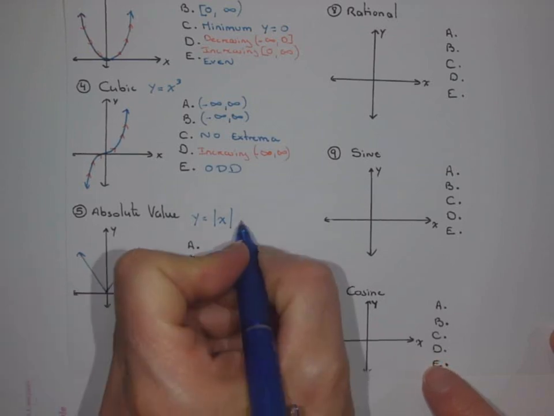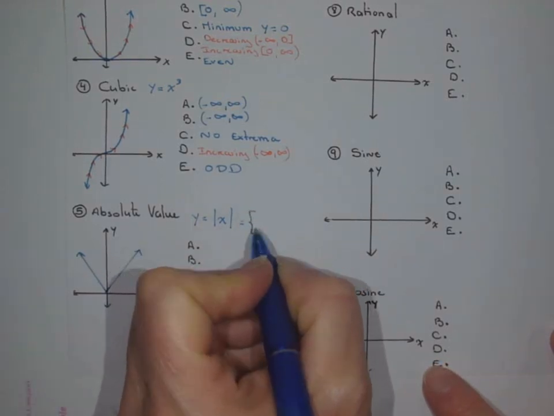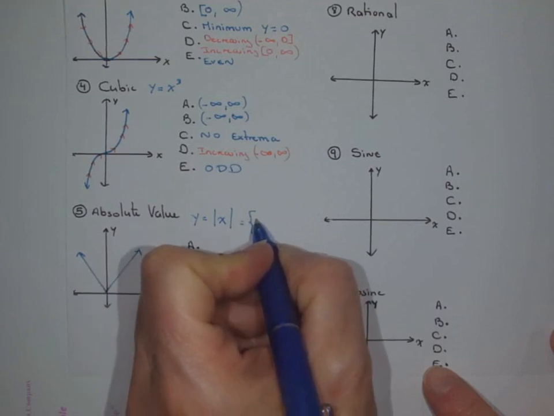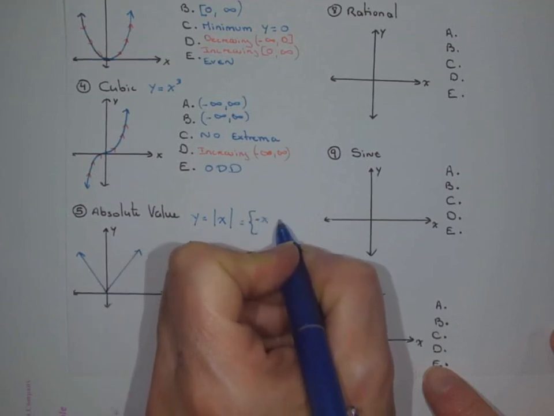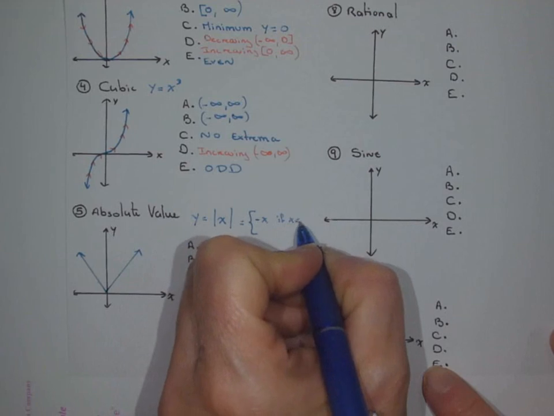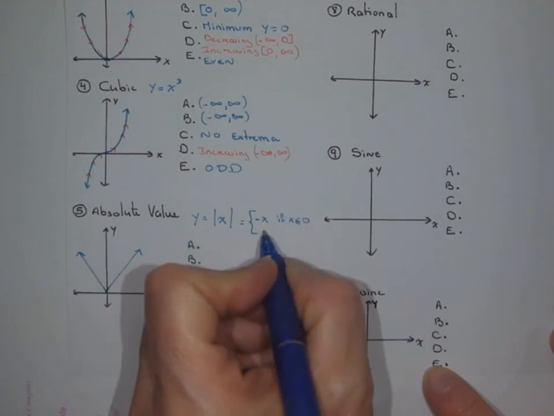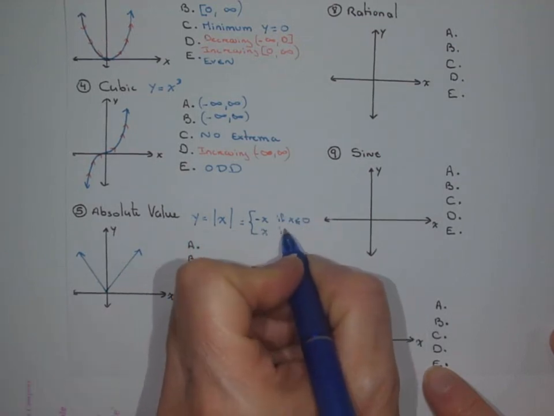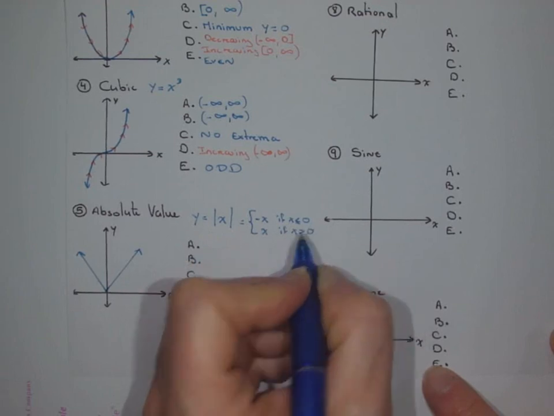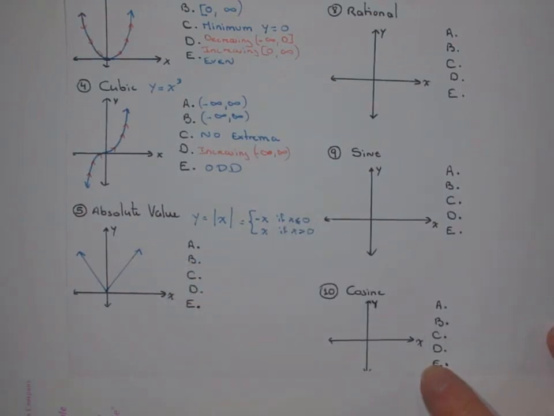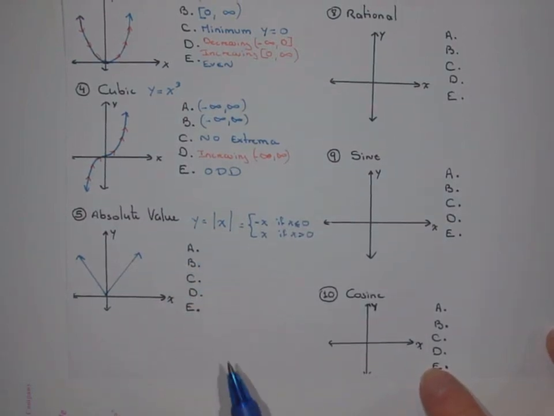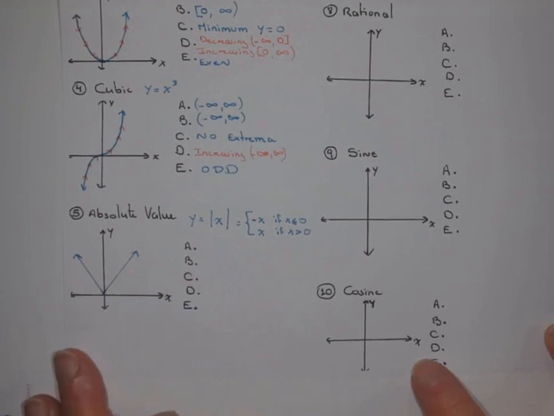So that could really also be written as a piecewise function, where we say it is going to be negative x if x is less than or equal to 0, and positive x if x is greater than 0. So either one of those will be giving us the same absolute value parent function.